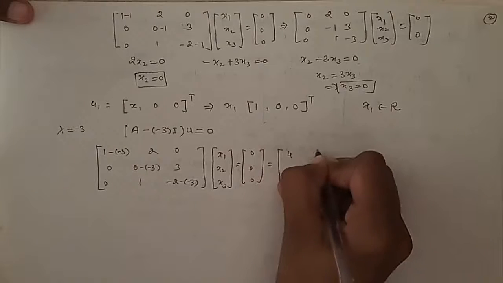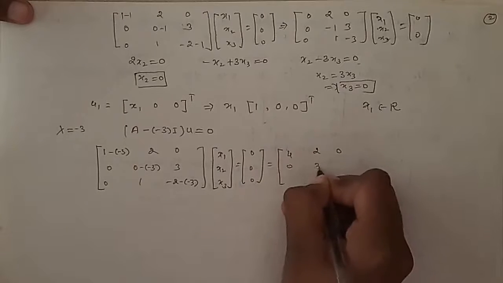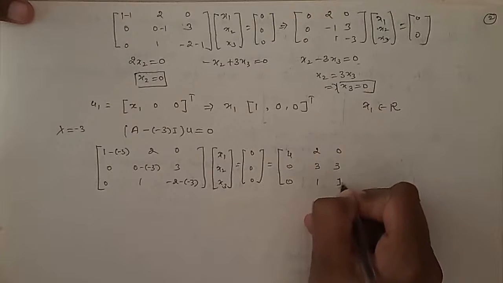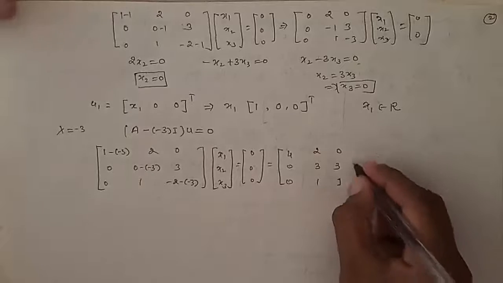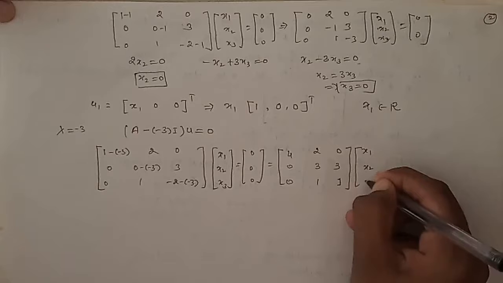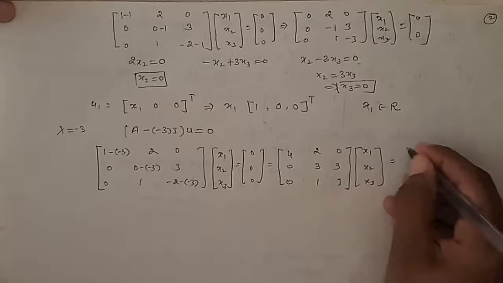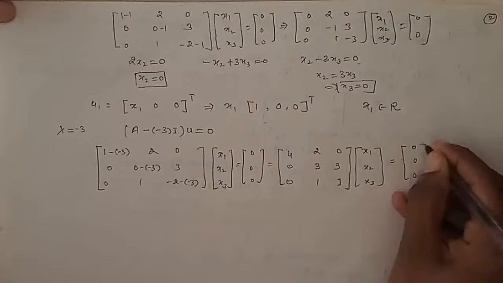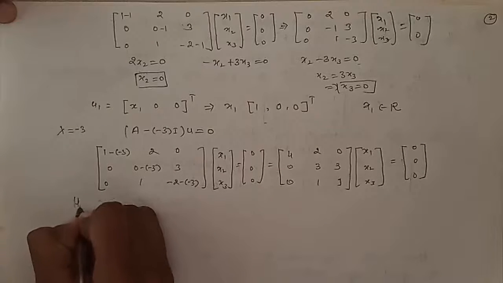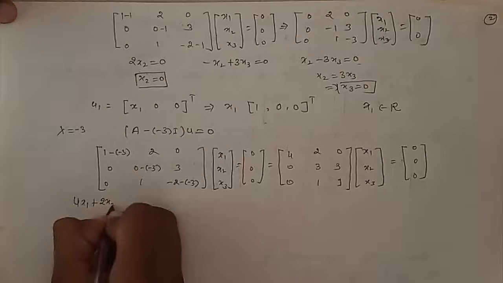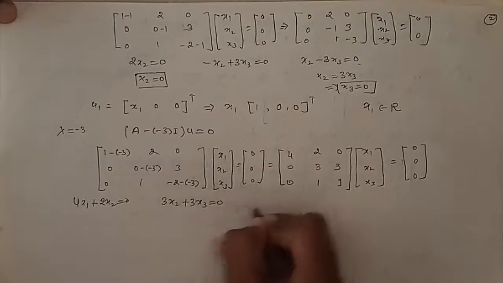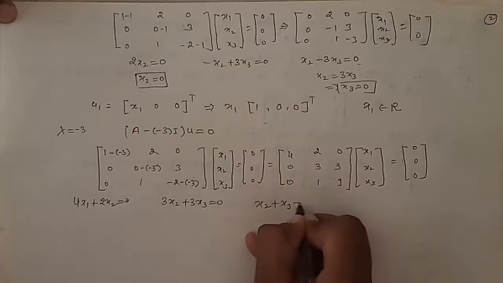So this becomes [4, 2, 0; 0, 3, 3; 0, 1, 1]. Now on solving this we get 4x1 plus 2x2 is equal to 0, 3x2 plus 3x3 is equal to 0, and x2 plus x3 is equal to 0.